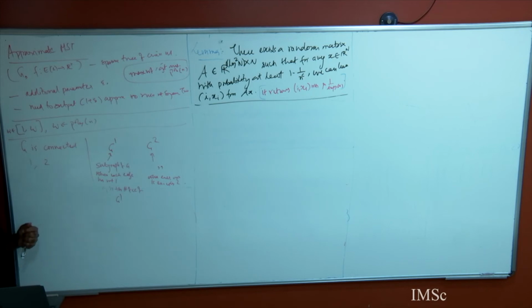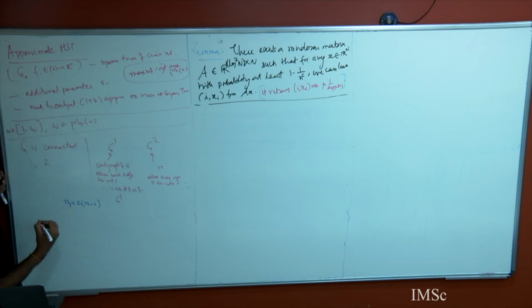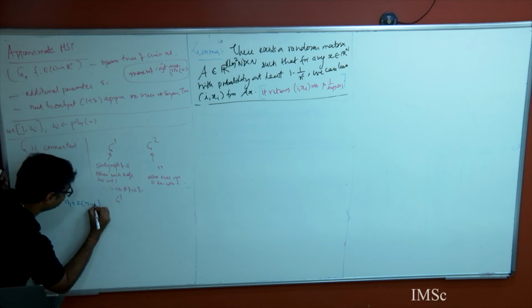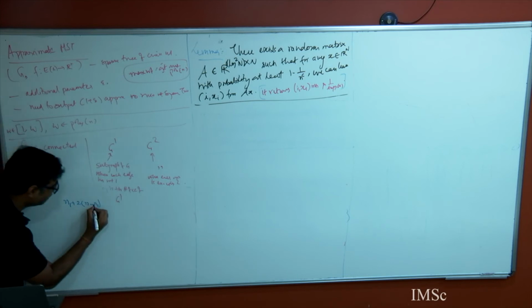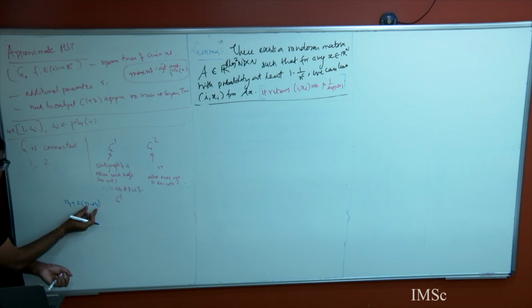What is the weight of the minimum weight spanning tree? We know this is equal to N1 plus 2 times N minus 1. No, 2 times N minus N1. N minus 1 minus N1. Because the total number of edges is N minus 1. You have used N1 edges with weight 1, and the remaining edges you will use with weight 2.